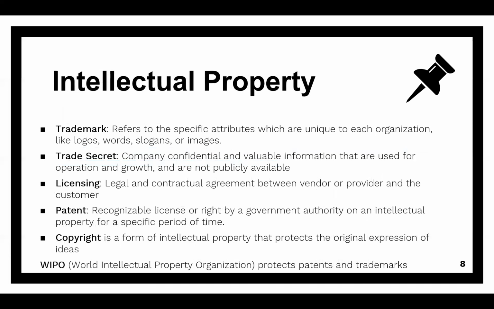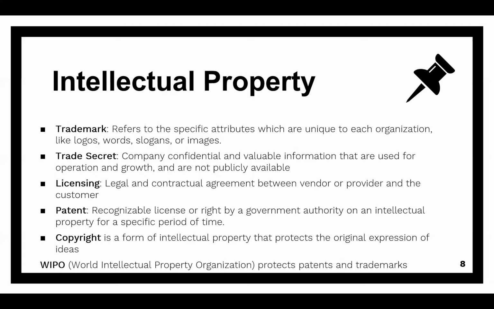Intellectual property is another type of data that is really important for a lot of companies, specifically for innovator companies. Trademark refers to specific attributes which are unique to each organization, like logos, words, slogans, images.